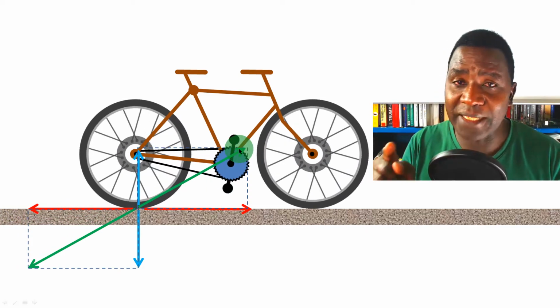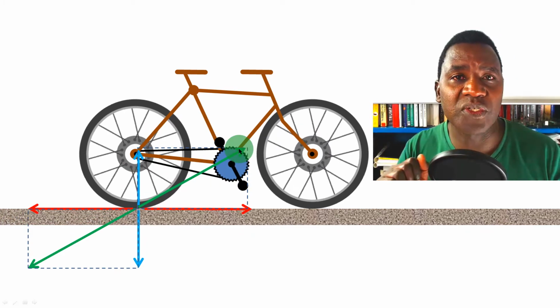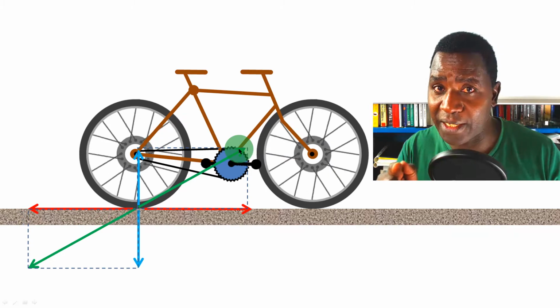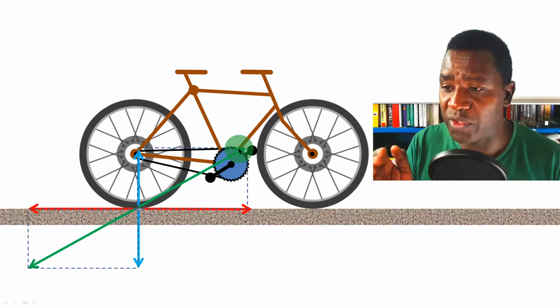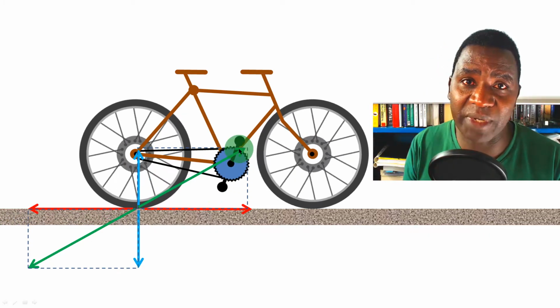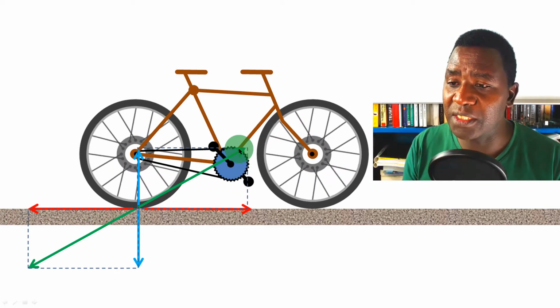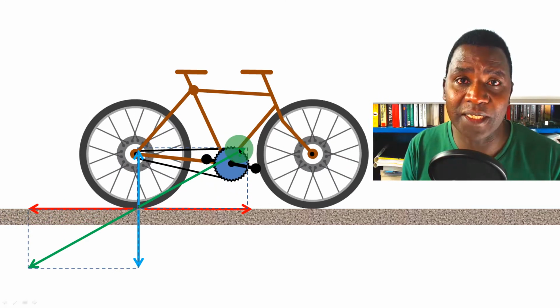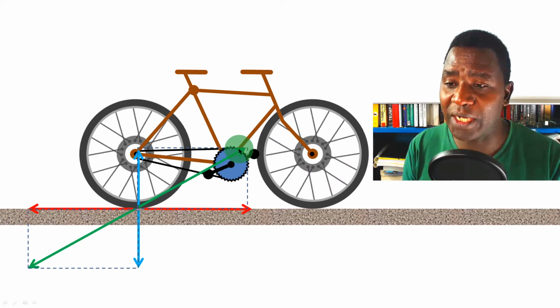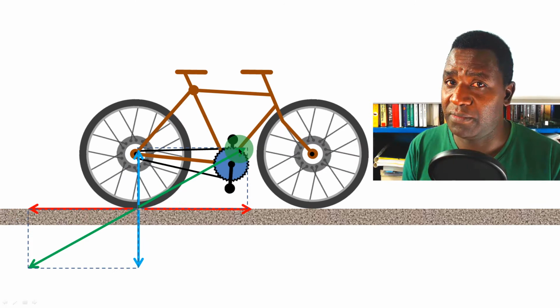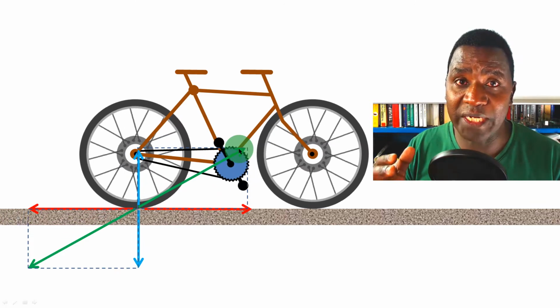The same forces exist if this one was a motorbike or if it was a car. The only difference between this situation and the one for the motorbike is that the driving force in this case comes from the cyclist, while for the motor car, the driving force comes from the engine. So that is the only difference.